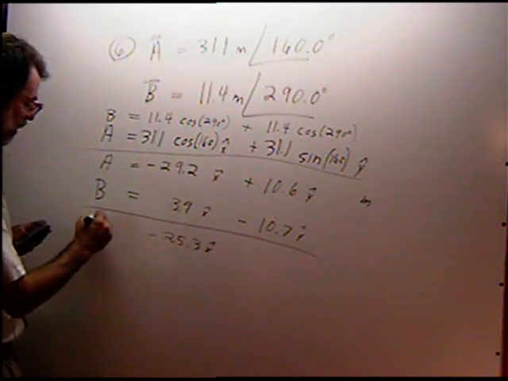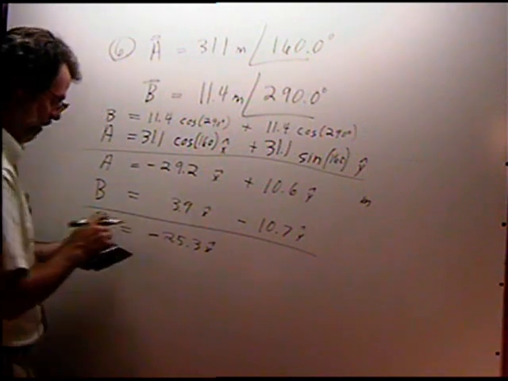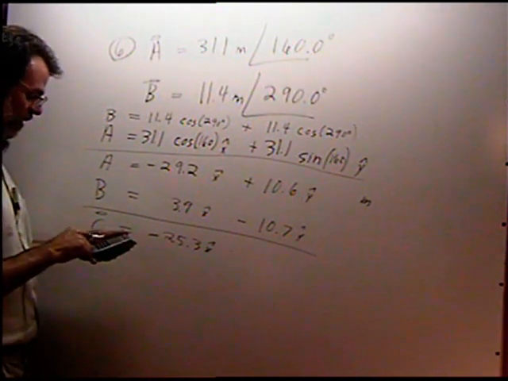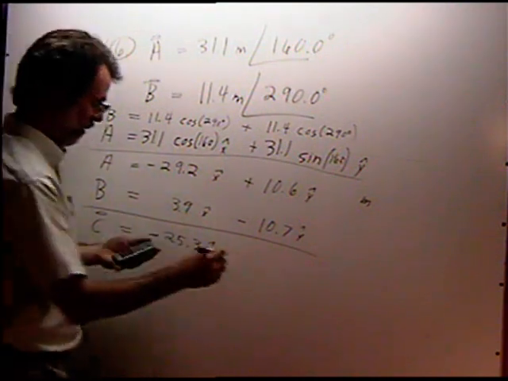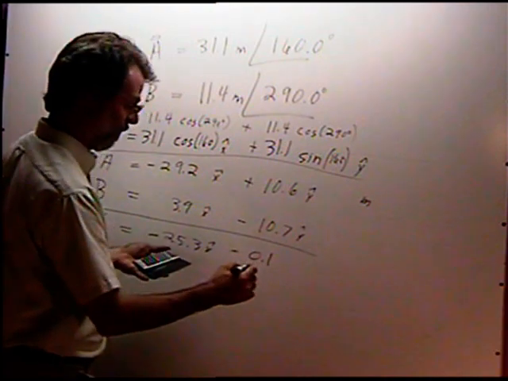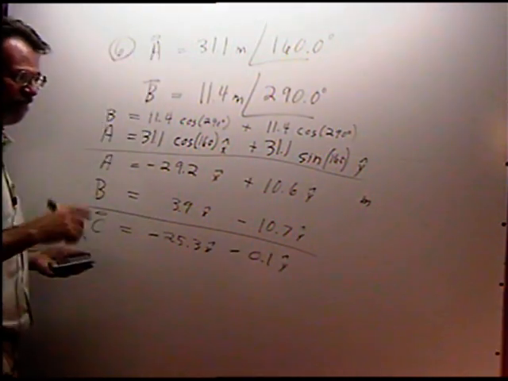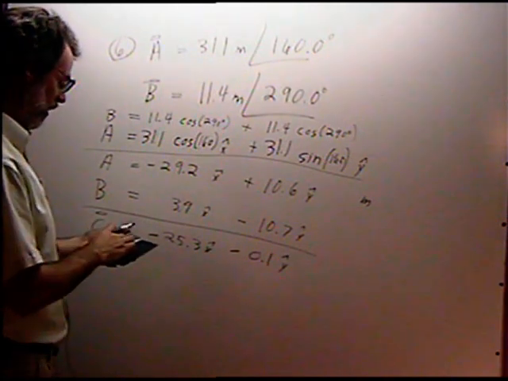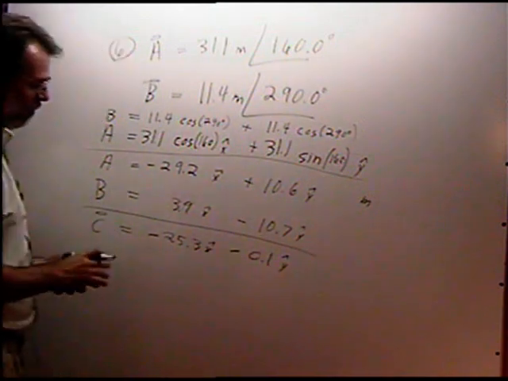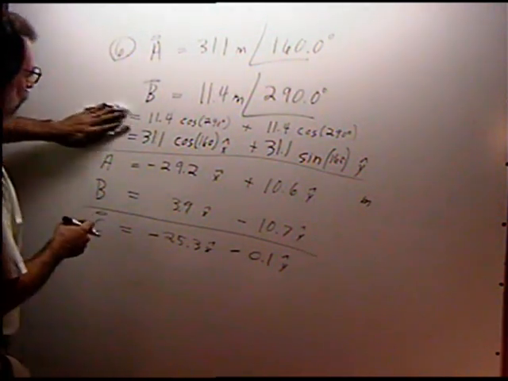We'll call this C. And we'll have 10.6 minus 10.7, or minus 0.1 in the y direction. Okay, so now we have C, which is broken up into the x and the y, but we still have to get the magnitude. Okay, I'm going to erase this right here.